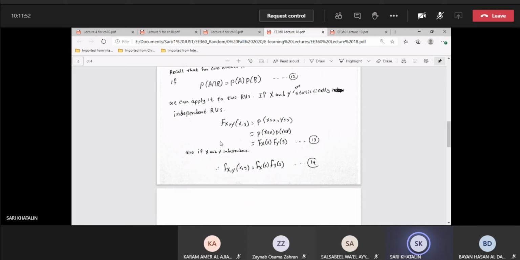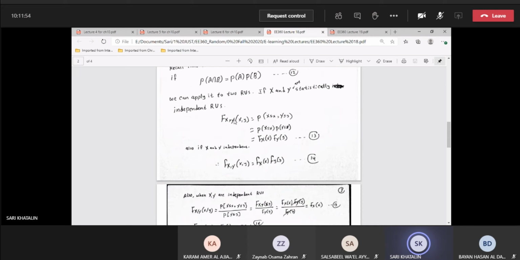We can apply this to the joint PDF and joint CDF. For the joint CDF in equation 13, the probability of X less than small x and Y less than small y, we can say the joint CDF is equal to the CDF of X times the CDF of Y.